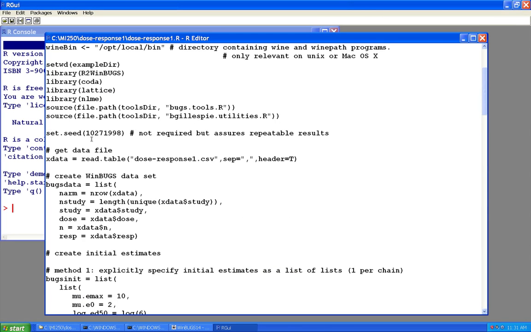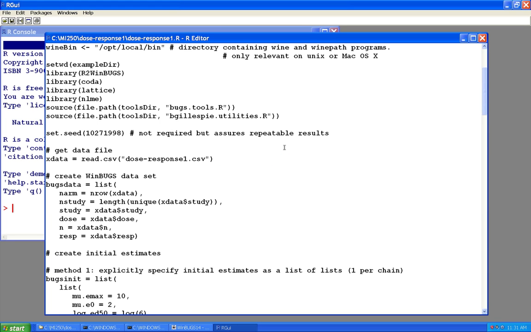The easiest way to read that in is what we've got right here, where in this case I used read.table. Actually, I wrote this script a while back. The way I would probably write it now is to say read.csv, and if I say read.csv, I can get rid of the rest of this junk.